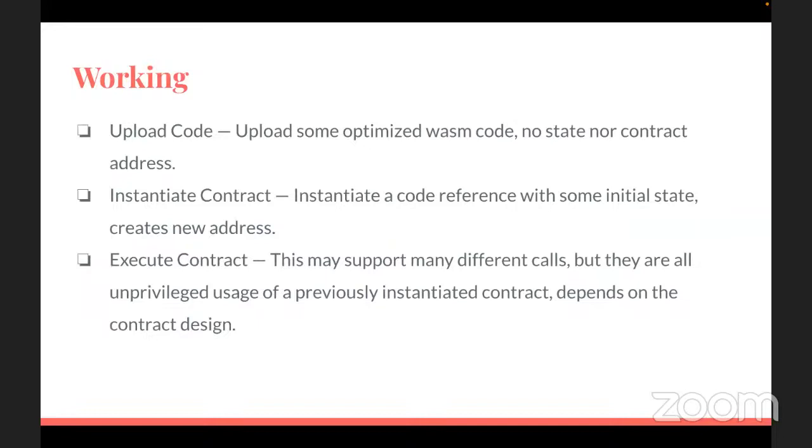There are quite a few key points to consider for the CosmWasm module: code upload, instantiate, and execute contract. Most of you must be familiar with how contracts are written in Solidity, where you write Solidity code in a .sol file, compile it, and then deploy it.